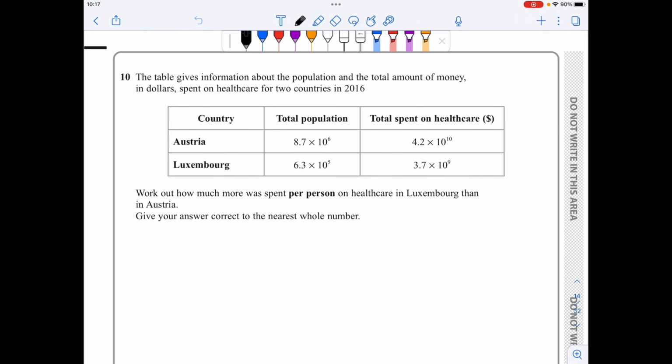For question 10, to find the amount spent per person, I'll divide the total amount spent by the total population. So for Luxembourg, this is equal to 3.7 times 10 to the 9 over 6.3 times 10 to the 5. Put this on the calculator, you get 5,873.02.